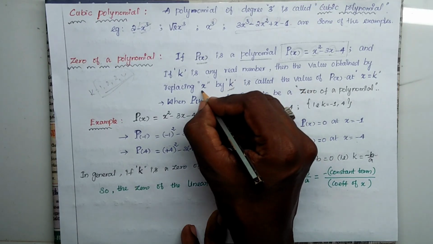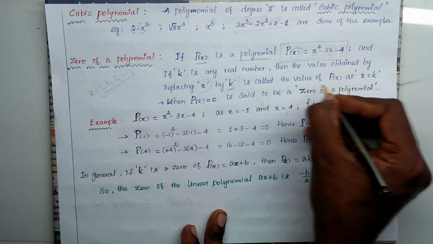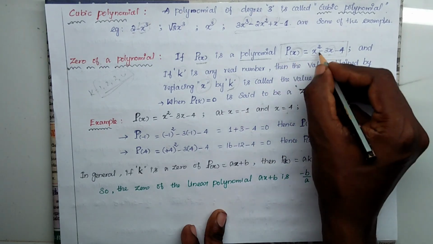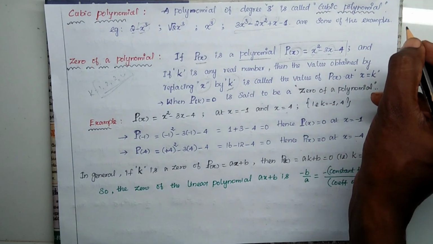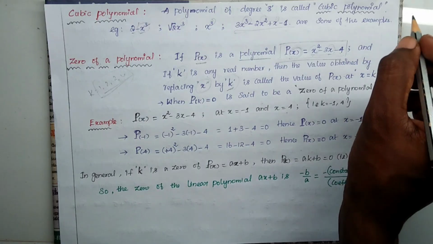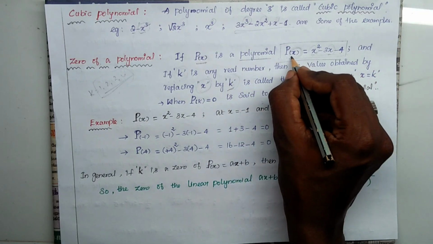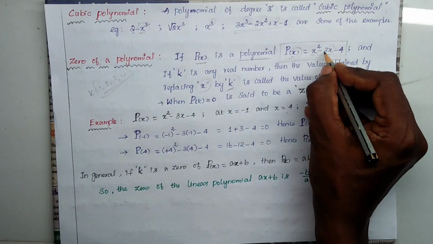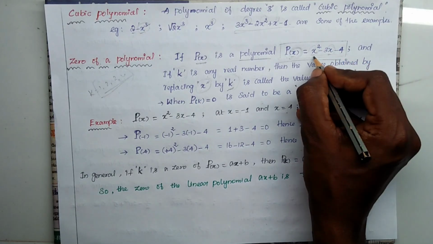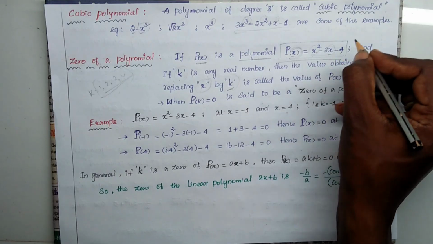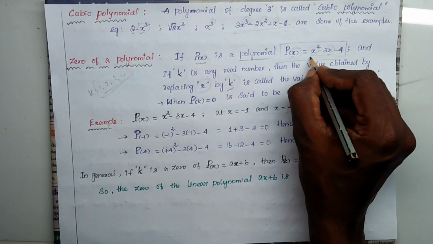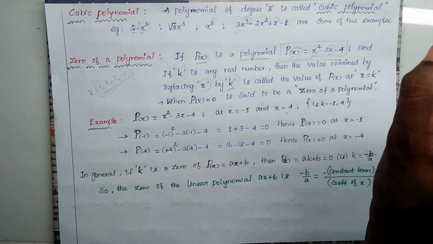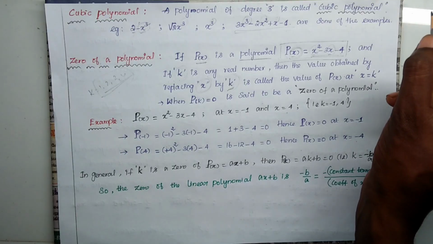If we replace x by k in p of x and the equation becomes 0, then it is called a zero of the polynomial. Replacing x by k, it becomes k square minus 3k minus 4. Suppose we substitute the value of k as 1 or 2 or 3, and this whole equation becomes 0, then we call it the zero of a polynomial.